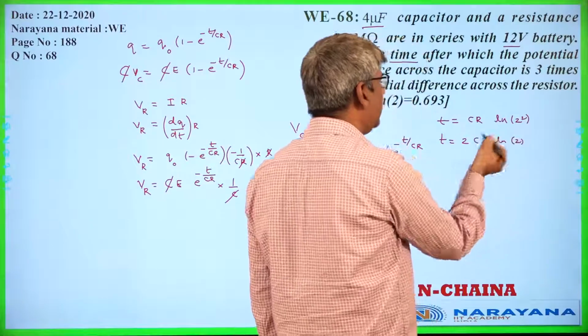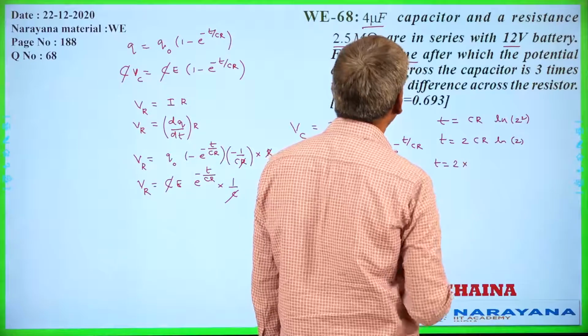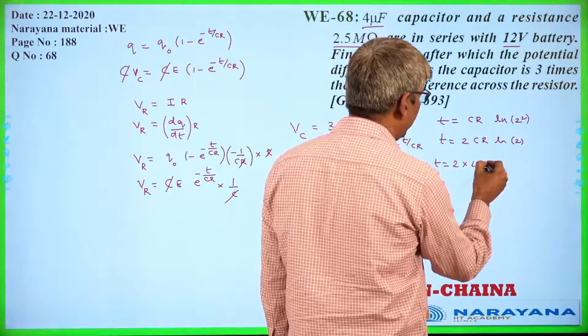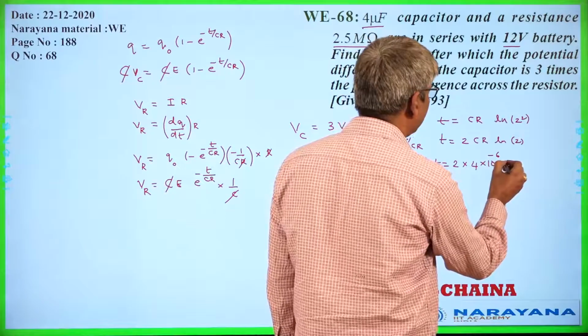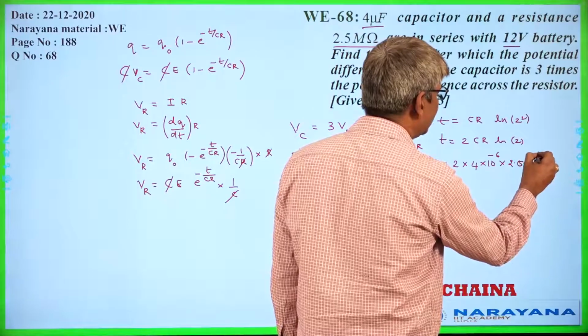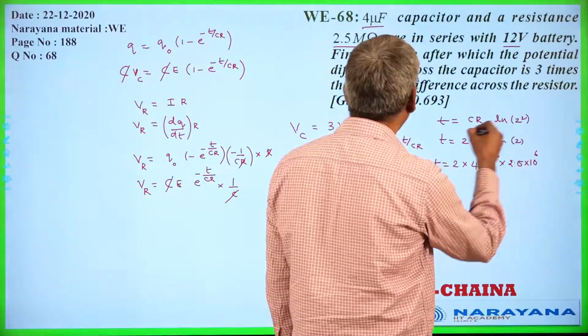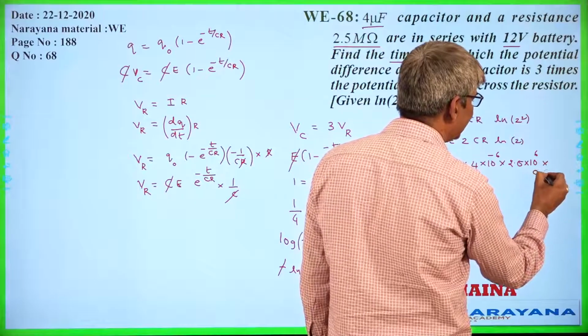Like this we can go on, or otherwise, if values have been given, substitute the values and try to solve the problem. Here 4 into 10 power minus 6 is the capacitor's capacity value, whereas this is 2.5 into 10 power 6 mega. Log 2 value is already given as 0.693.